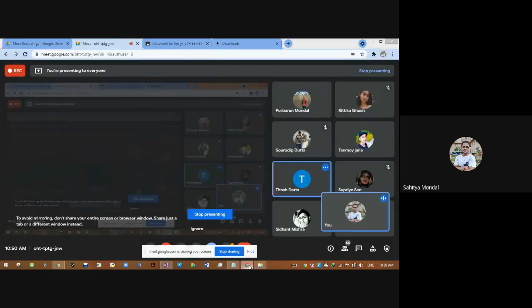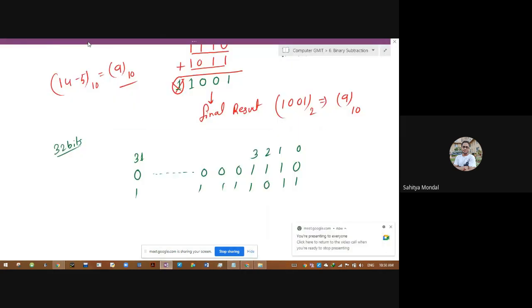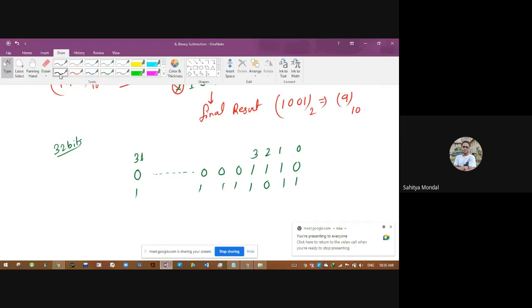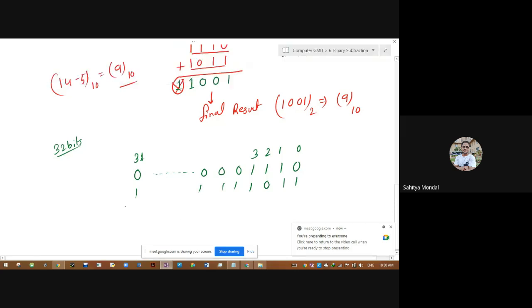So in reality, the computer does not work in 4 bit. Now if you add them, what result will you get? 1, 0, 0, 1, and after that all zeros, and finally when we reach the end, we get an extra 1.